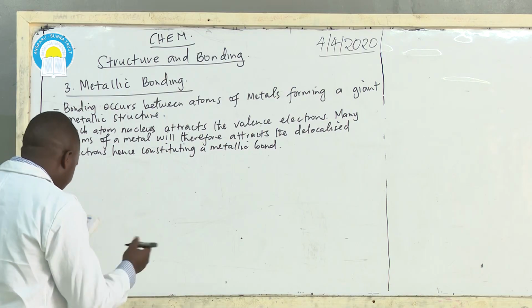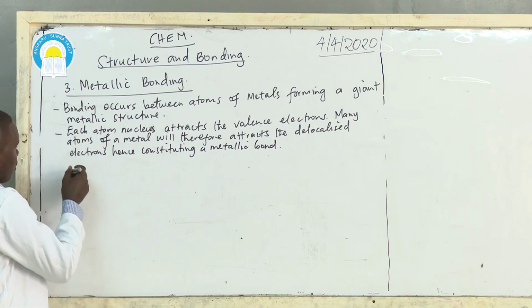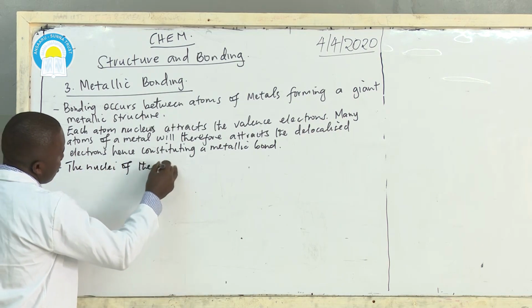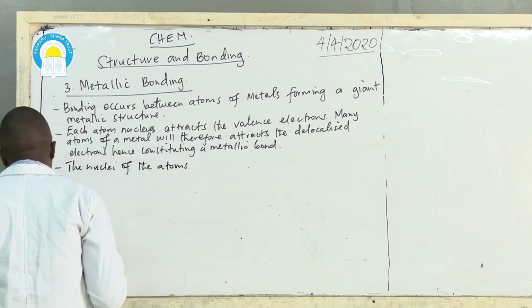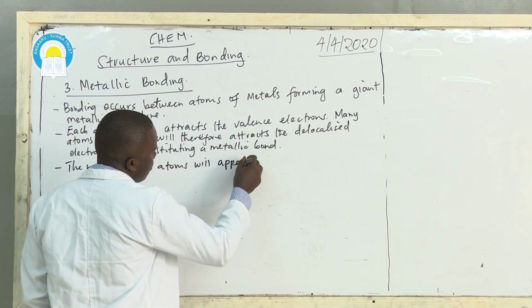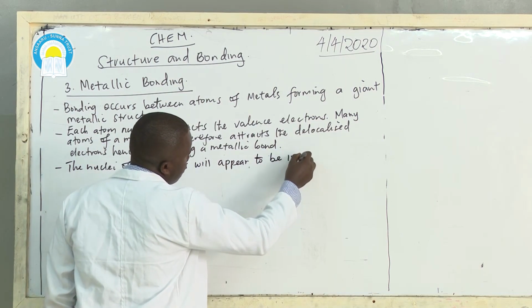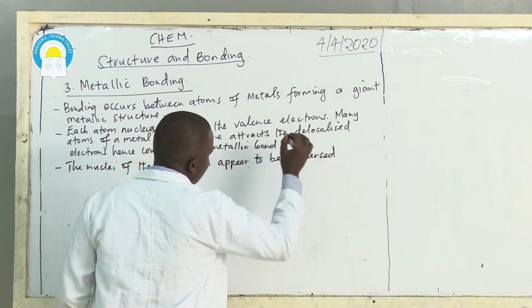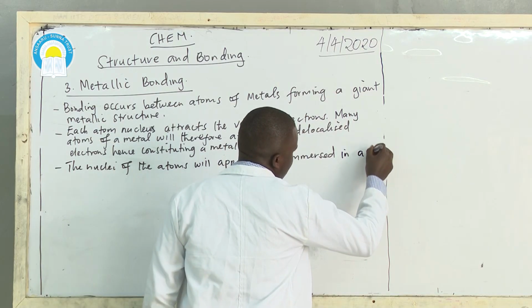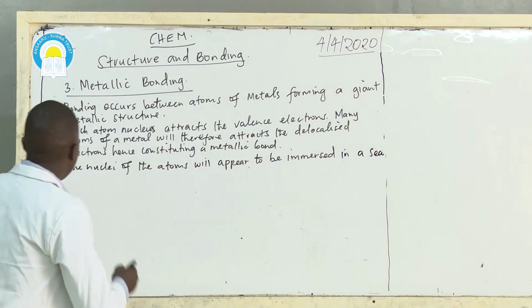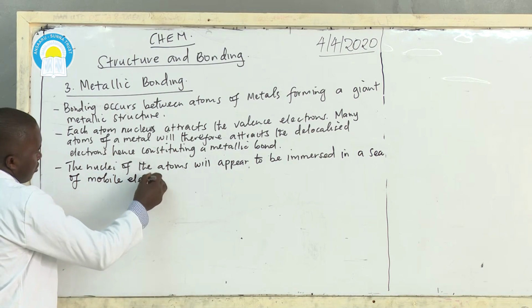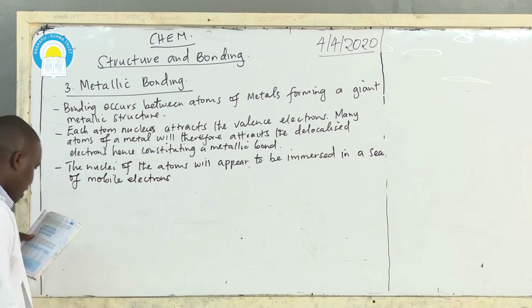So the atoms, or the nuclei of the atoms, will appear to be immersed in a sea of mobile electrons.